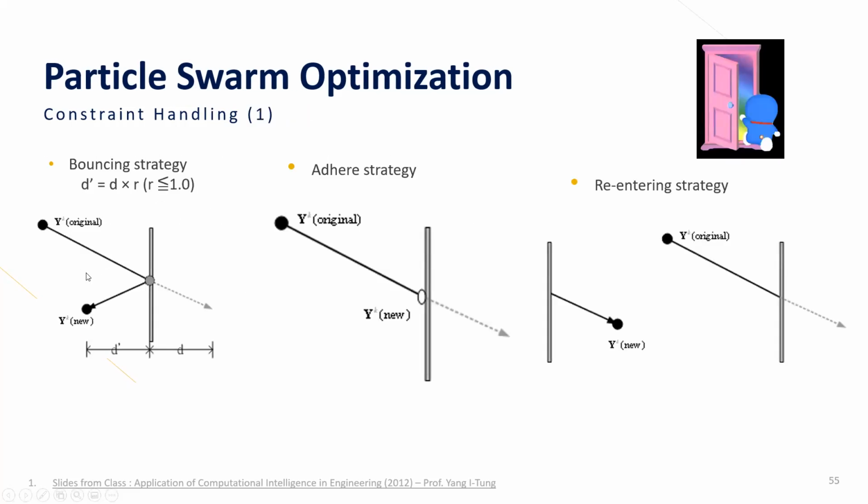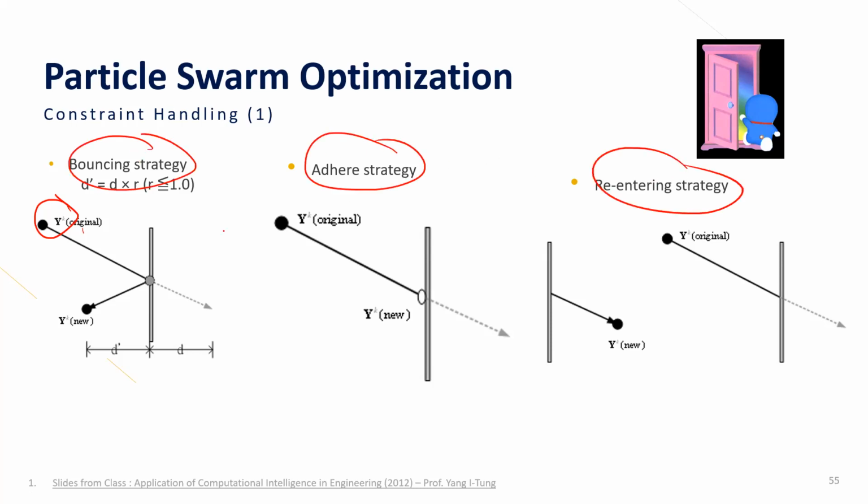For two-dimensional variables, it is easier to illustrate like this. There are basically three strategies: bouncing, adhering, and re-entering.